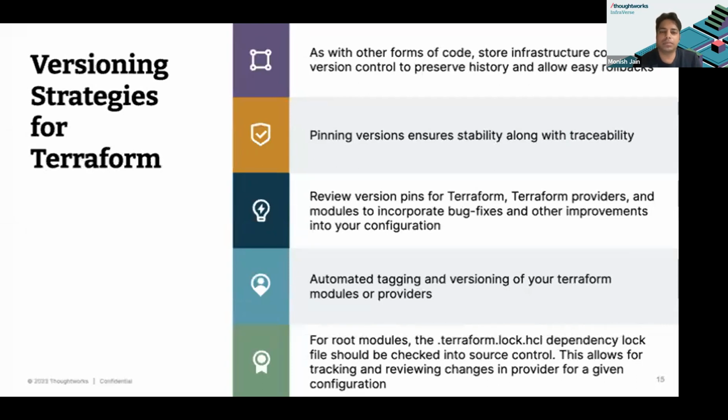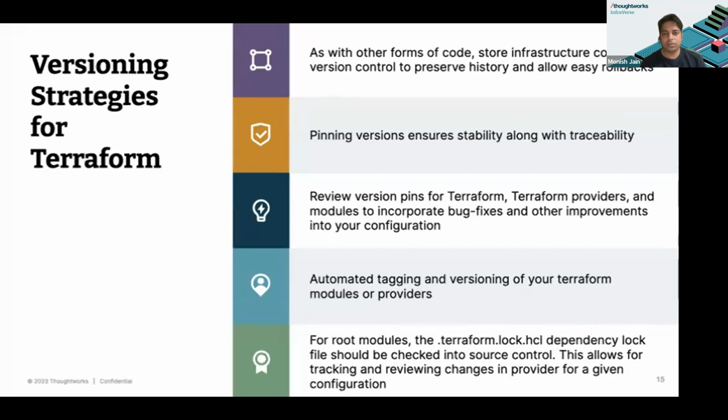Rather than that, we should follow proper versioning strategies in IaC code, proper branching strategies, and a review process. One example is pull request based development, where you have feature branches where you add new code, and on pull request there can be some quality checks and other kinds of checks that we'll see later in this session. Once everything is green and reviewed, it can be merged to master so that it can be promoted to higher environments.